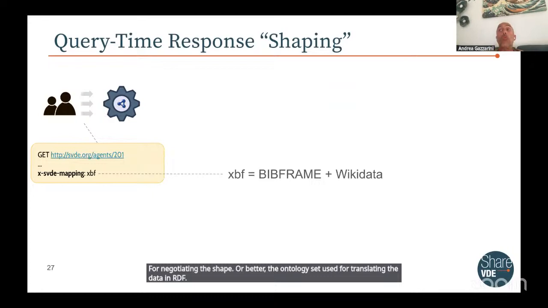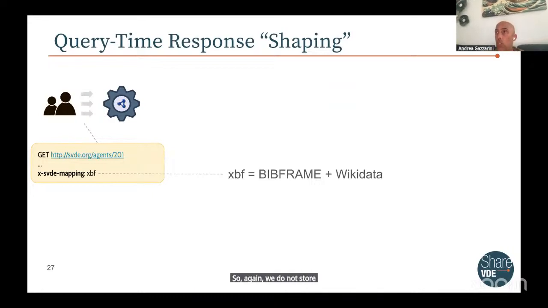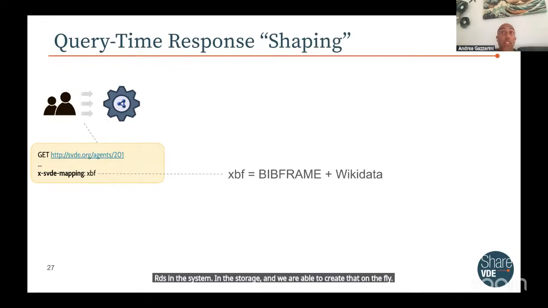So again, we do not store RDF using this approach. That means that we don't have RDF in the system, in the storage, and we are able to create that on the fly.